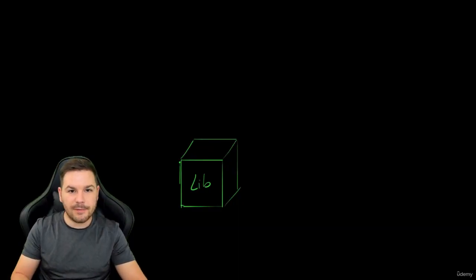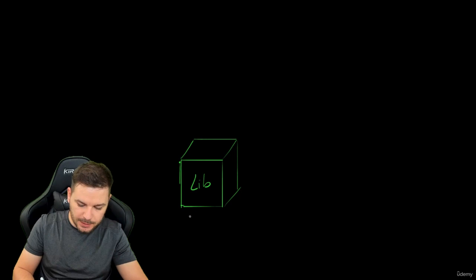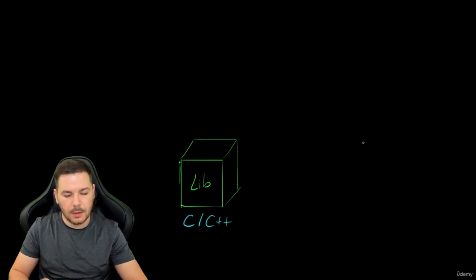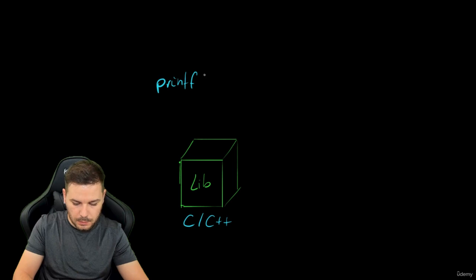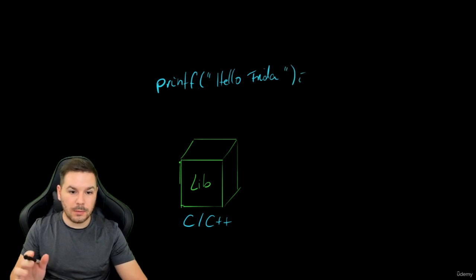Here we have our library, and this one has been written in C or C++. Now let's assume we've got the following code line: a printf, and we're printing out hello Frida. At the moment, this function is unknown to the program, and therefore it will be flagged as red.